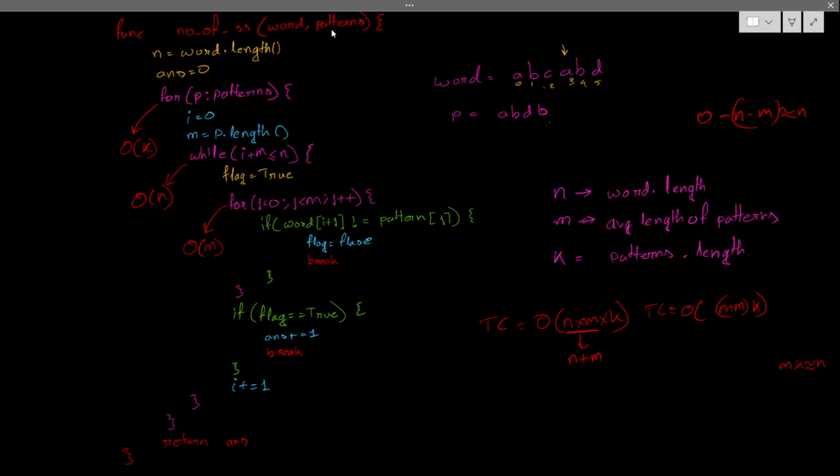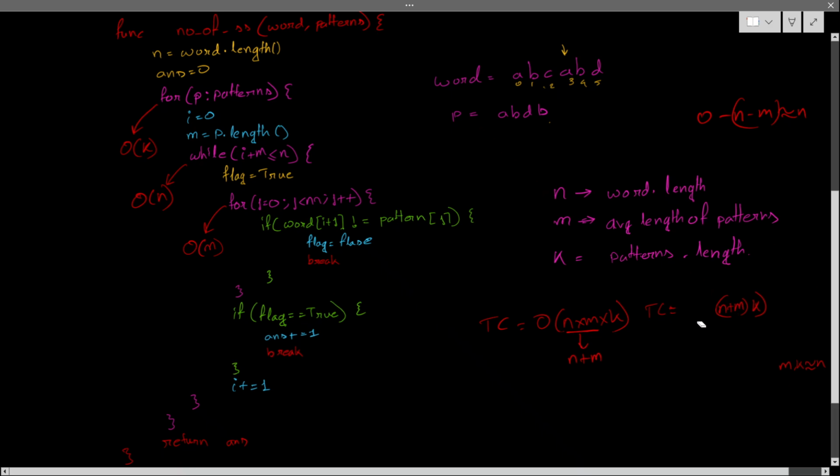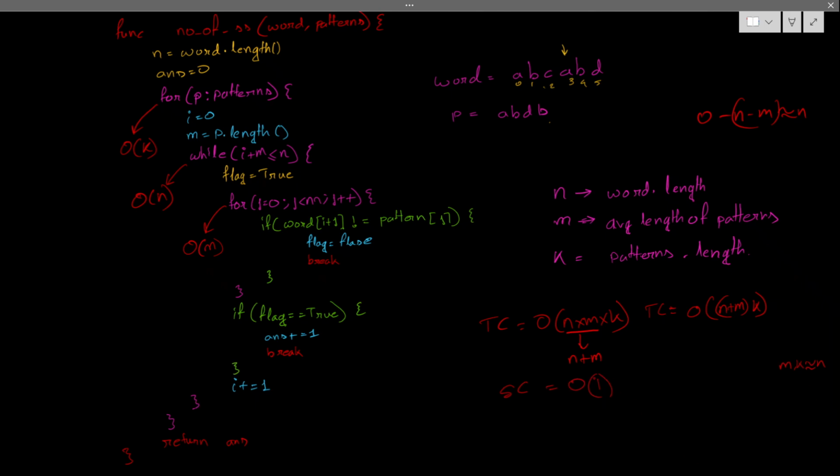Anyhow, let me write a generic approach. Generic is big O of n. Okay, space complexity. Here we are not using any extra space apart from our pointers and the flag. If you know KMP, you know the space will be big O of m.